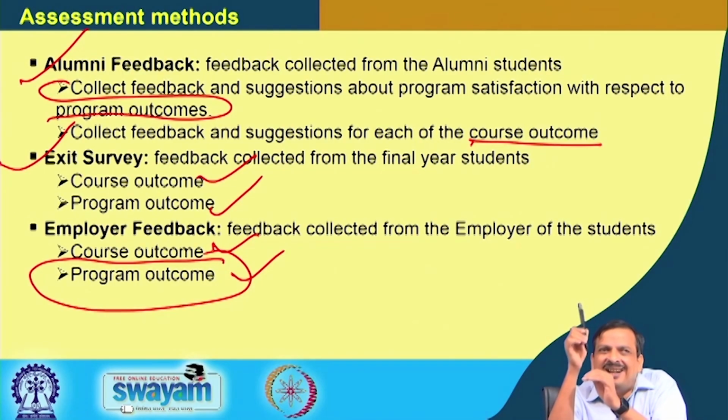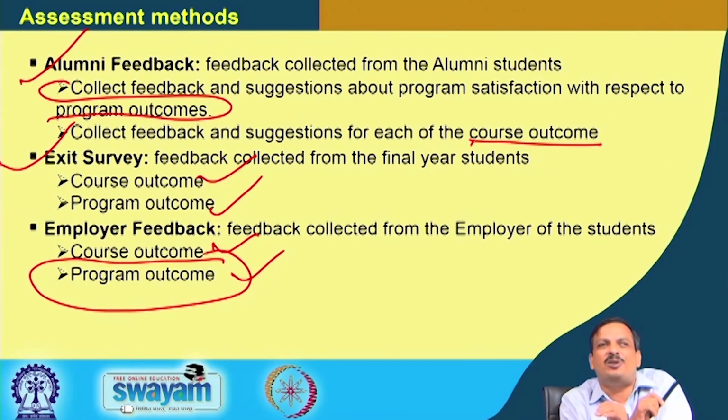If your direct assessment attainment and feedback assessment are almost equal, then you can say your question paper is also correct, because your direct attainment calculation is also correct. Okay, I will describe the pros and cons of those.